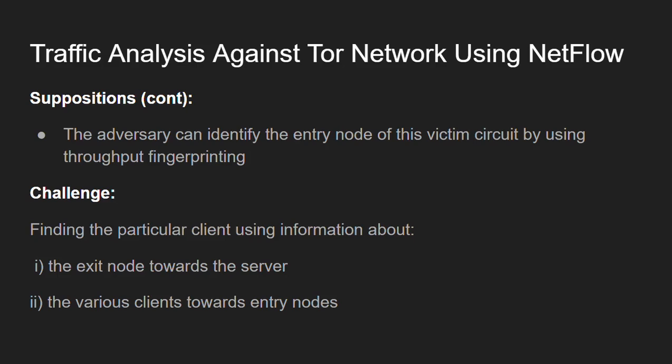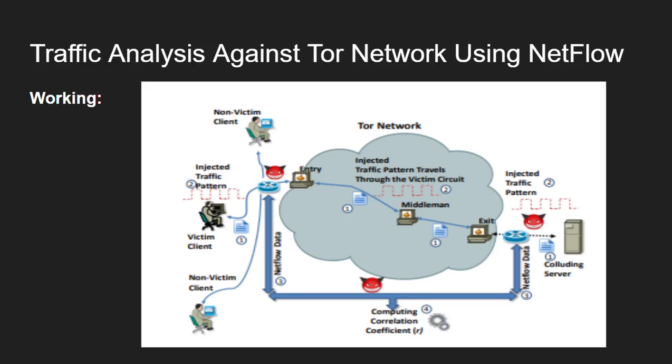After determining the identity of the entry node involved in the victim anonymous connection, the adversary only needs to find the particular client connected to the entry node that has made the request, and it can be done based on the correlation coefficient. Now, we'll discuss the method and working of it.